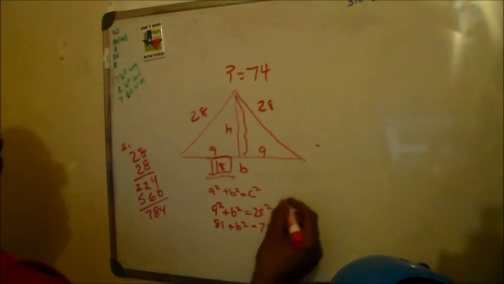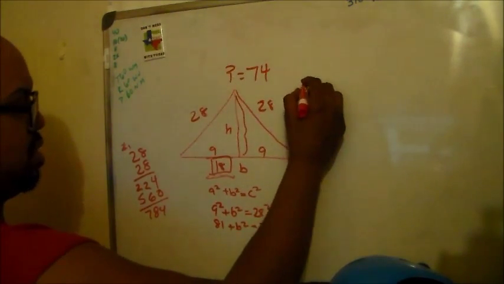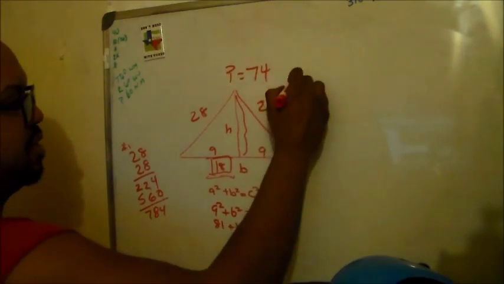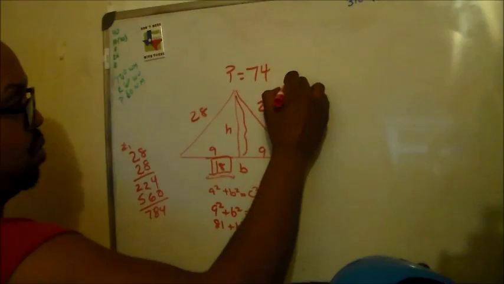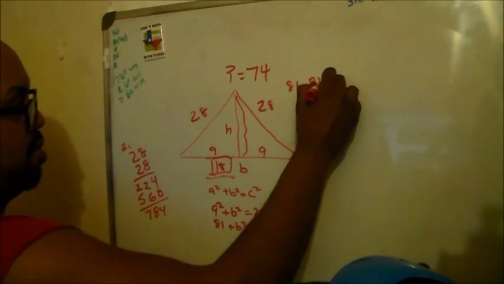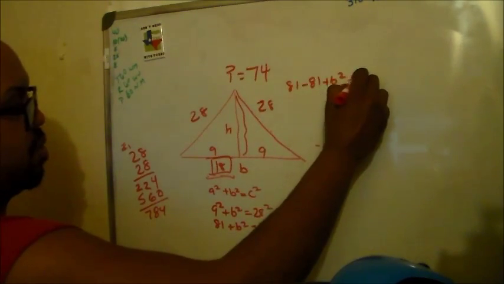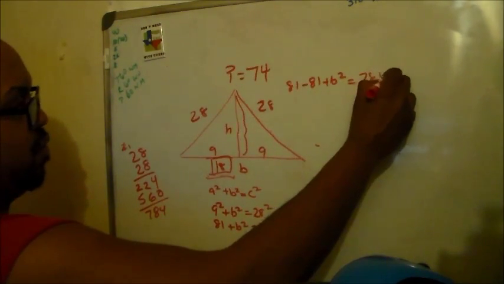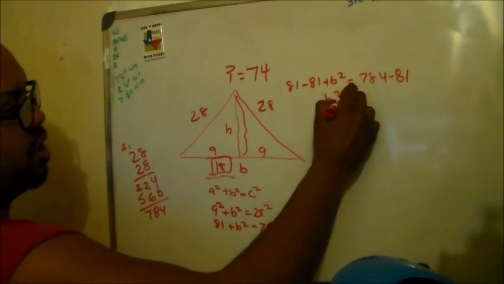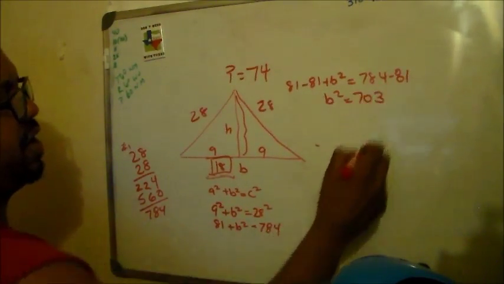We have to subtract 81 from both sides. So 81 minus 81 is gone, and b squared equals 784 minus 81, which will give us b squared is equal to 703.